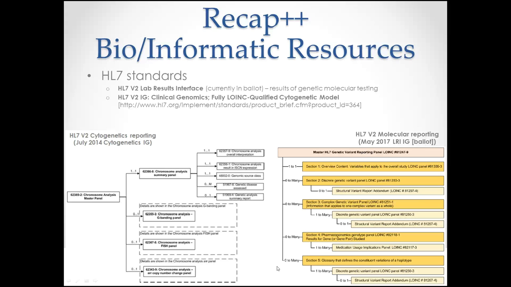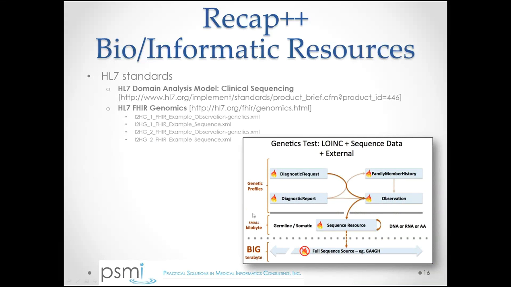Yeah. Okay, so that's version 2. And now I'm going to turn to a couple of other HL7 standards. First is this domain analysis model that was published in February of 2017. It's quite good.